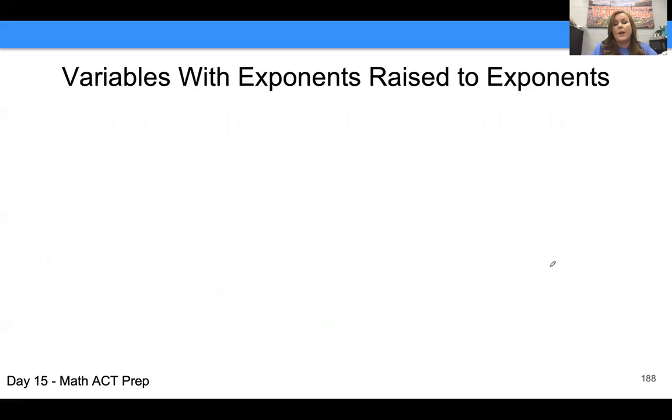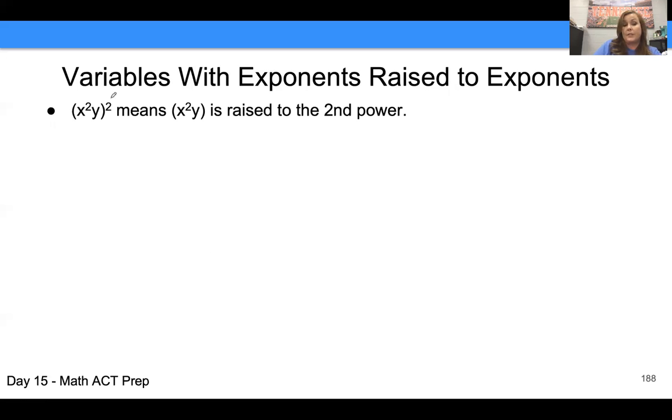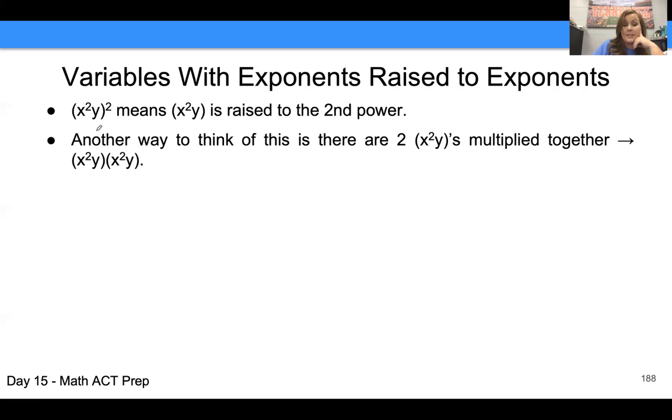Now, what happens when you have a variable with an exponent raised to an exponent? Now, this looks completely different. Okay? So this is x squared y raised to the 2nd power. So we could technically rewrite this as x squared y times x squared y.